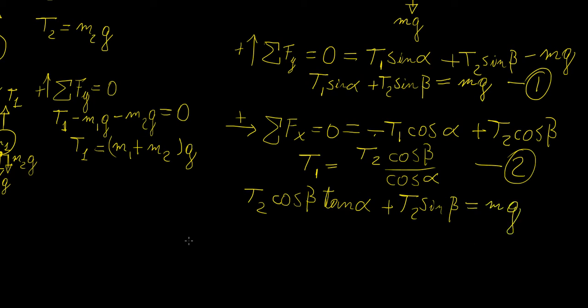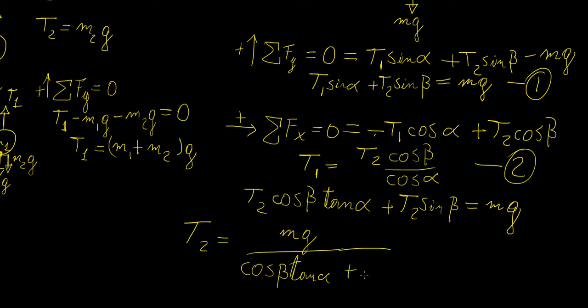And now we can solve for T2. We know that T2 is going to be the following: mg over cosine of beta tan alpha plus sine beta. And this is going to be in newtons. Okay, so that sounds reasonable. We have an expression in terms of mg and the angles beta and alpha.